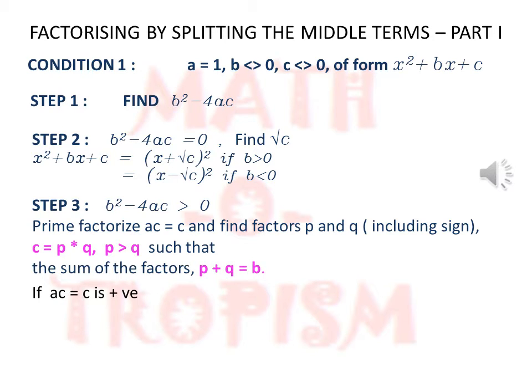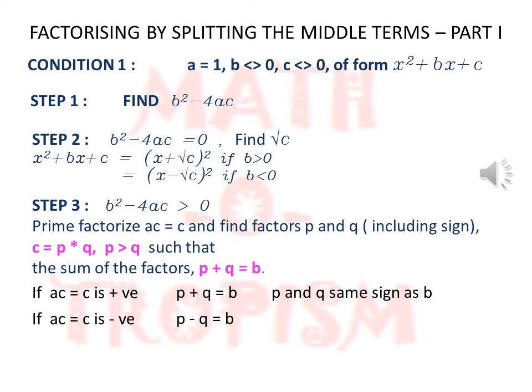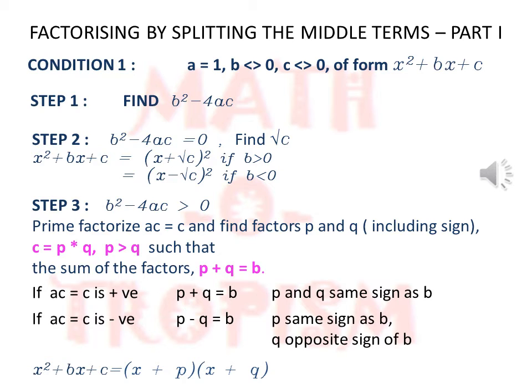If c is positive, both factors will have the same sign, which will be the sign of b, and both will be added. If c is negative, the factors will be subtracted, and the bigger factor p will have the sign of b, and q will be of opposite sign. And we will write ax square plus bx plus c as nothing but (x plus p) into (x plus q).